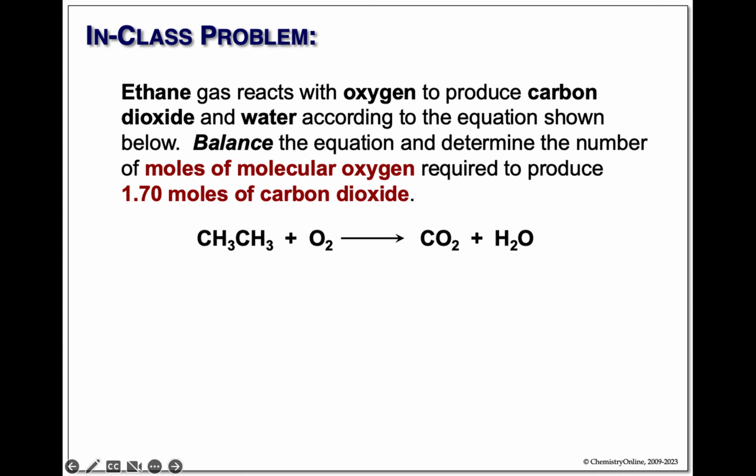Let's see. As I look at this, we have 2 carbons, we have 1 carbon. Let's double that. Let's try to get this working. There we go. So now we have 2 carbons on both sides. We have 6 hydrogens, we have 2 hydrogens. We need a 3 here.